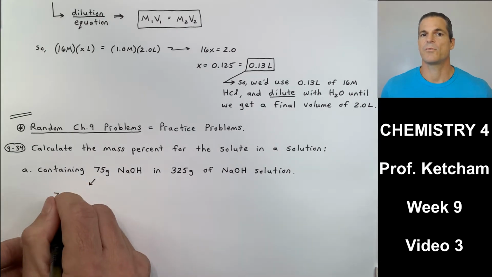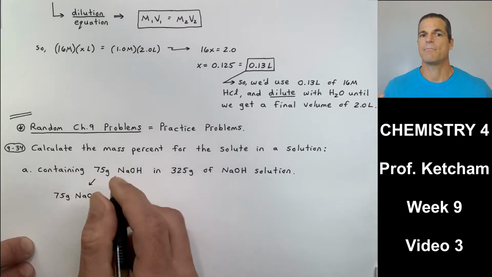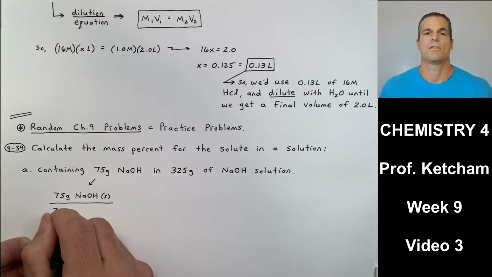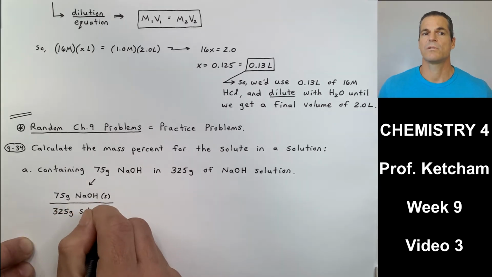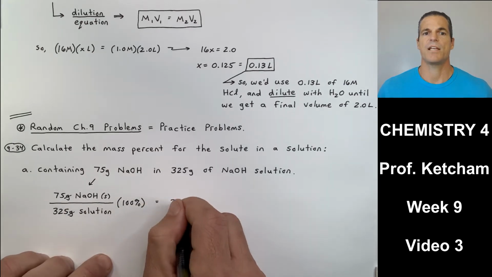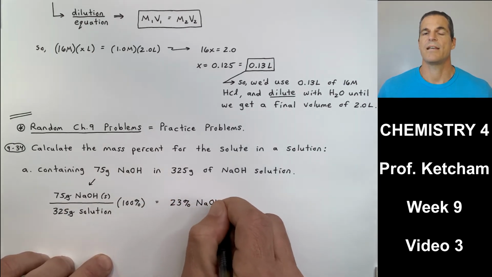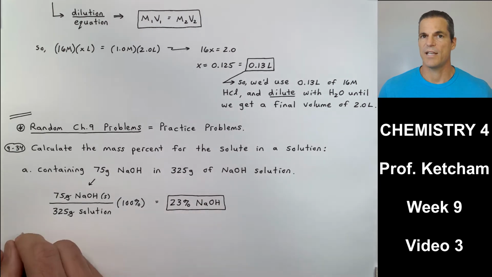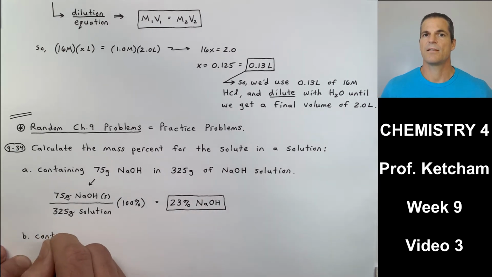So they're telling us that 325 grams is the mass of the entire solution. So it's mass of solute divided by mass of the solution times 100%. We get 23% NaOH.